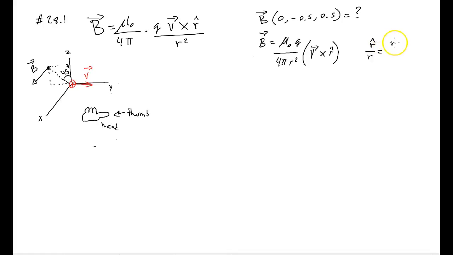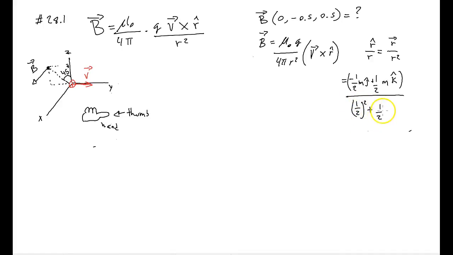Okay. So what's that going to be? x equals 0, y equals negative 1/2 meters, and that would be in the j hat direction, plus 1/2 meters in the k hat direction. The units cancel top and bottom, which is what you expect.